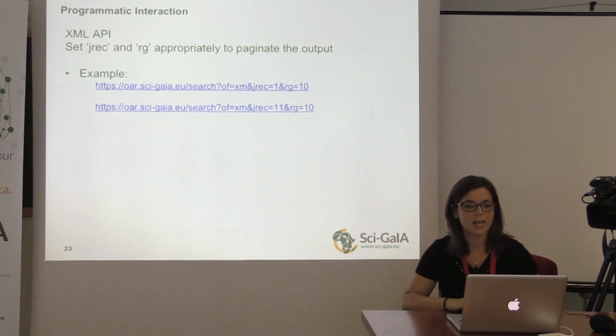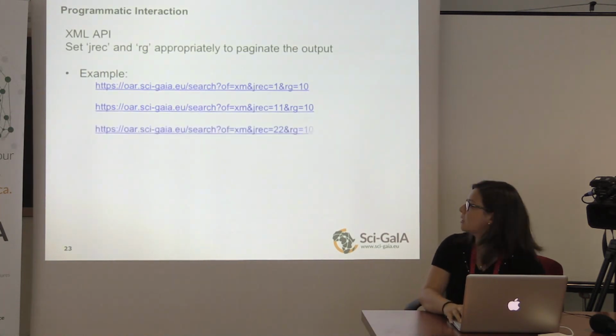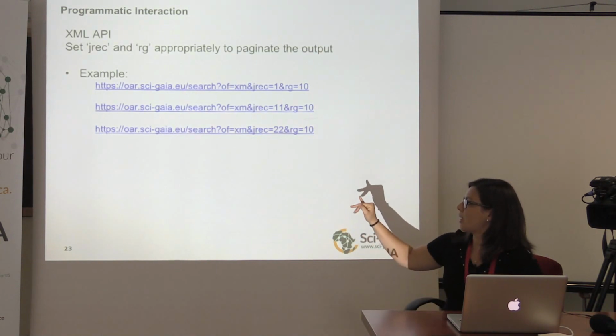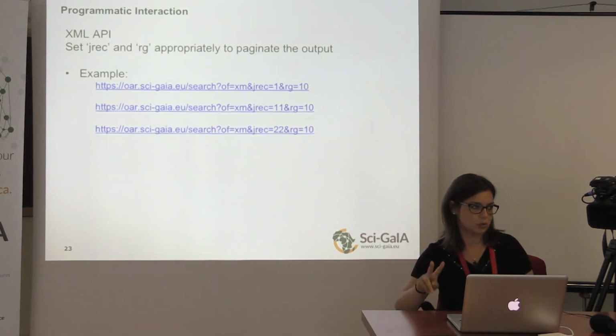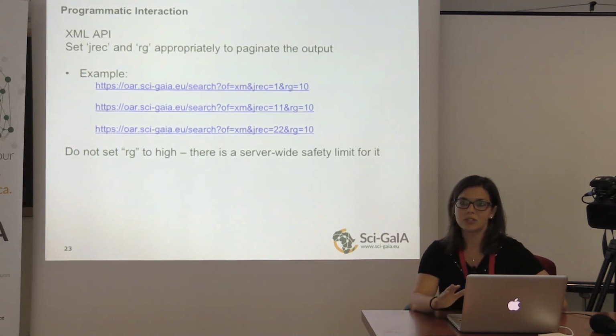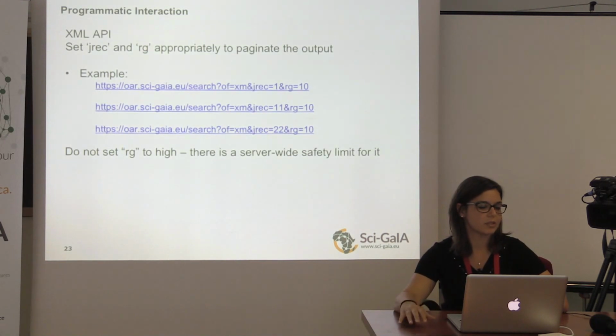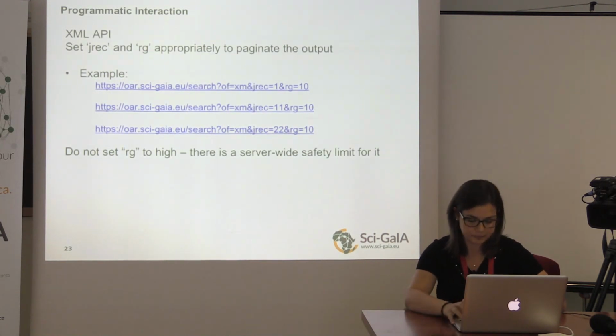In the same way, you can get the third 10 records of the repository using this request, where the JREC param is equal to 22. If you don't set the RG param, by default it is set to the highest value, and in most cases, this value is 10.